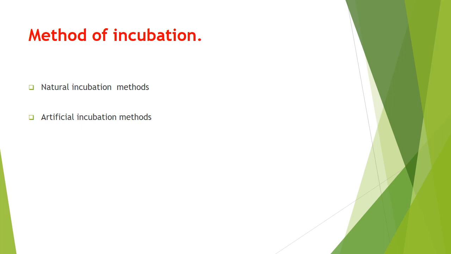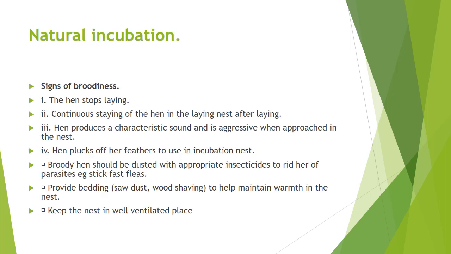Now, what is natural incubation? Natural incubation is a method where you allow a hen to sit on the egg for 21 days. Then after 21 days, you'll see chicks coming out of those eggs. And that is known as natural incubation.